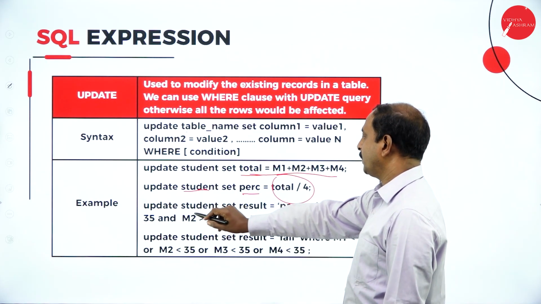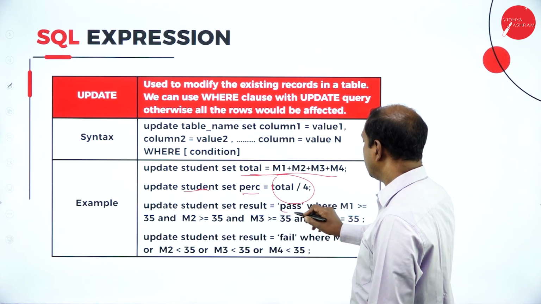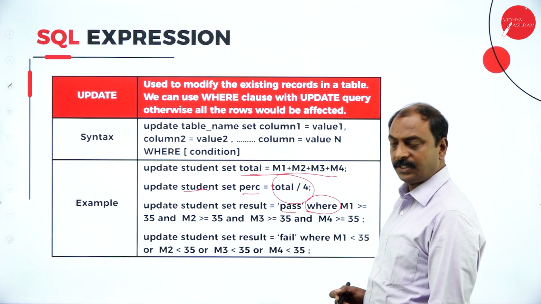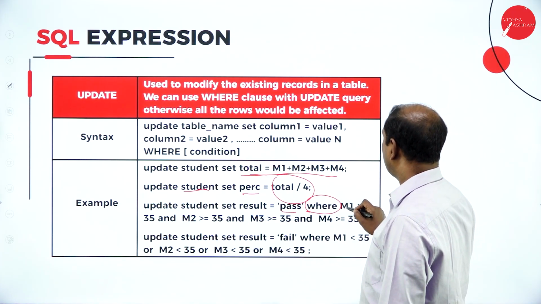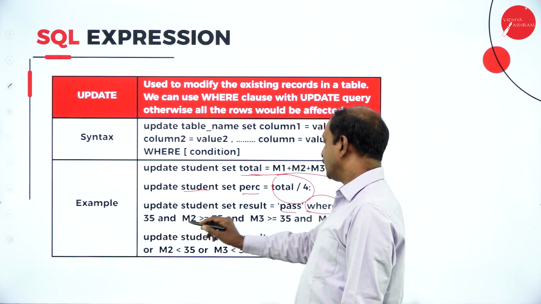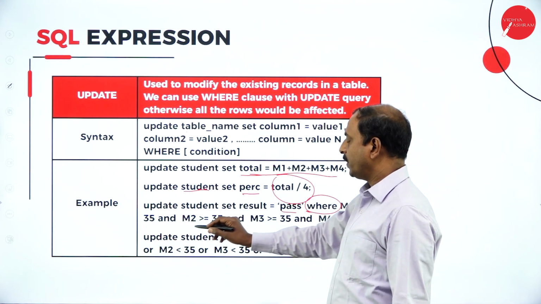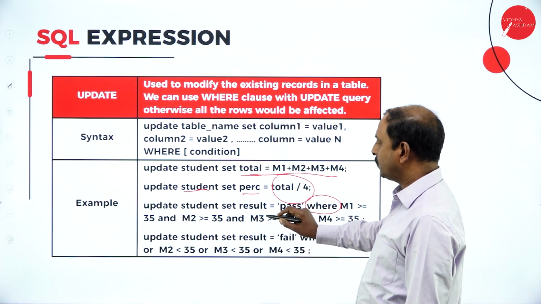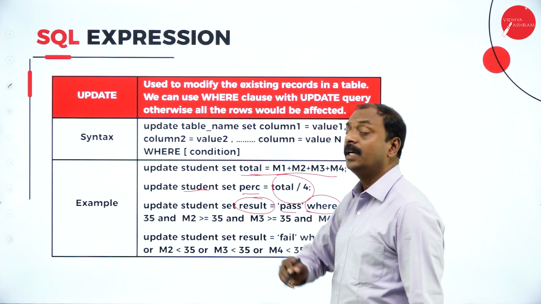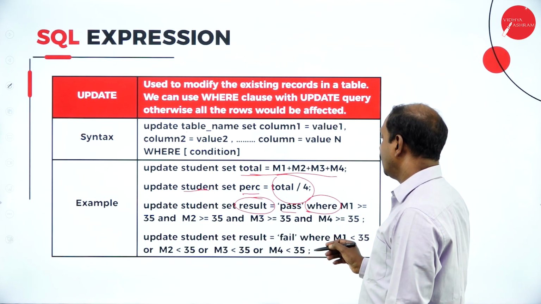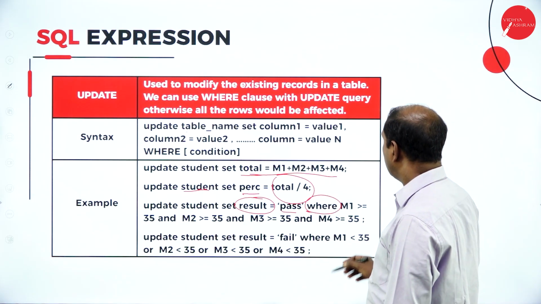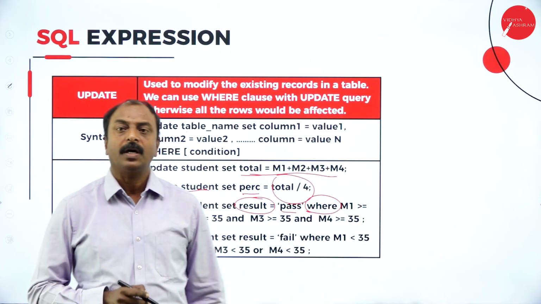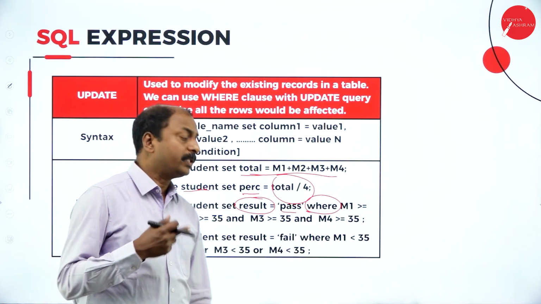And again, update student, set result equal to pass, where now we are using the where clause here. This is what you have seen in the syntax, where the mark m1 is greater than or equal to 35, and similarly all these are conditions. So the result of this is going to be stored in the field result. It checks for the condition: m1 is greater than or equal to 35, meaning the value stored in the m1 column must be greater than or equal to 35.